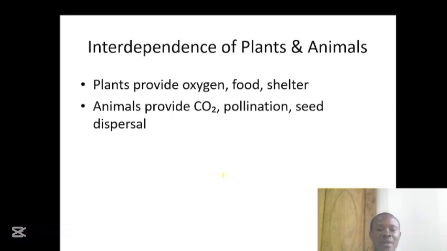In the case of animals, we provide CO2 for the plant, which the plant can use for photosynthesis, and we have some animals like bees, those pollinators, those insects, that help in the process of pollination of the plant. And we have animals that also help as seed dispersers, like humans. When we talk about seed dispersal, we are talking about the movement of seeds from one place to another.